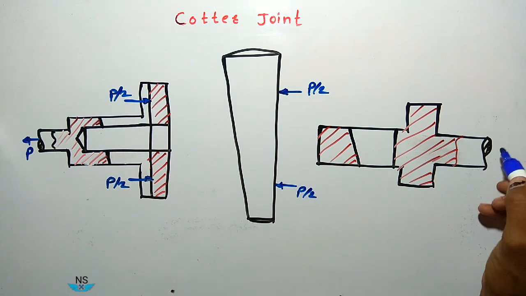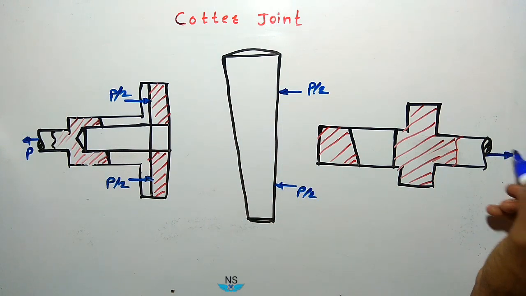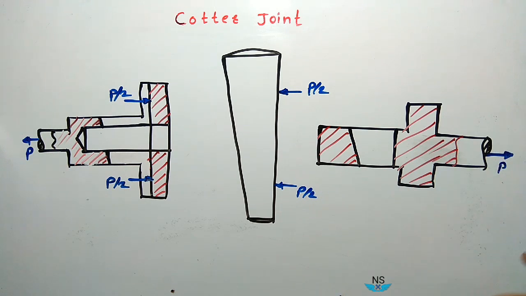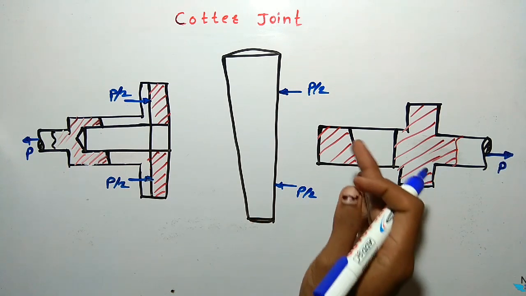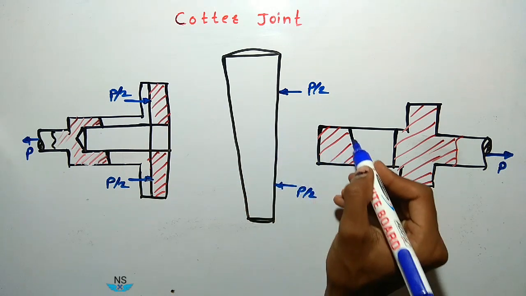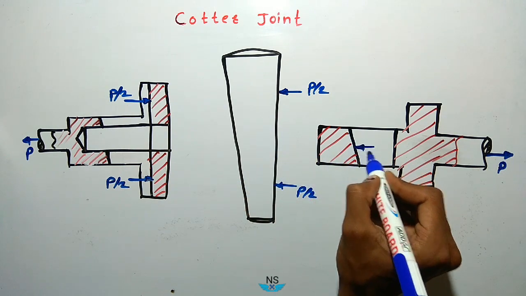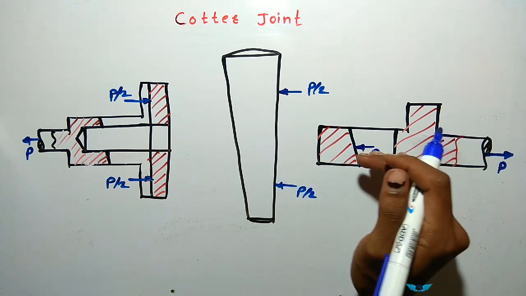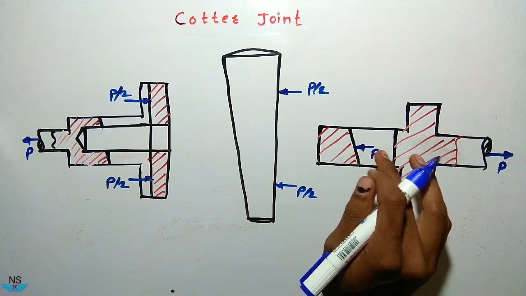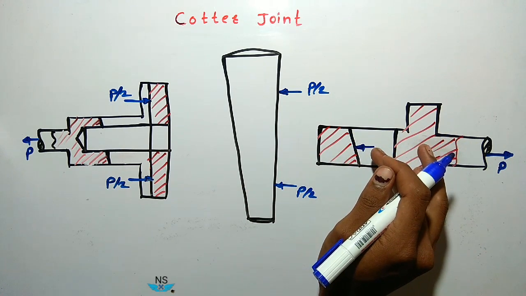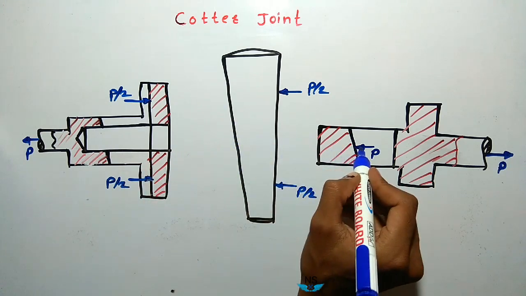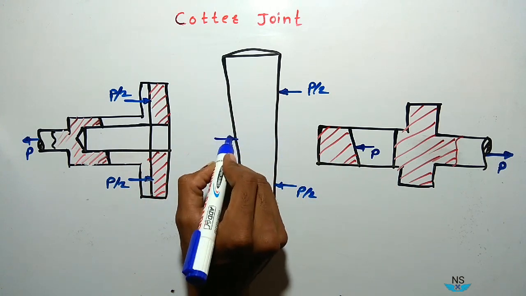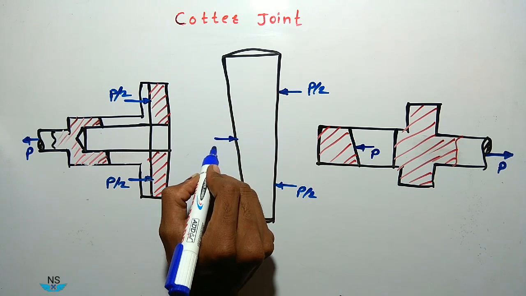Now let us see the spigot. On the spigot, the rod is subjected to force P. The spigot touches the cutter at this end. So this force P is balanced here. Now at the cutter, this force P is here, and an equal and opposite force will also act on this cutter.